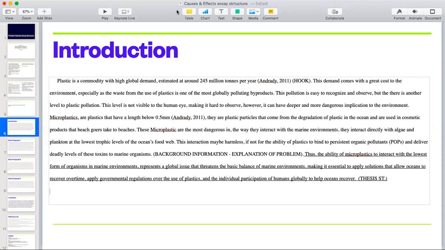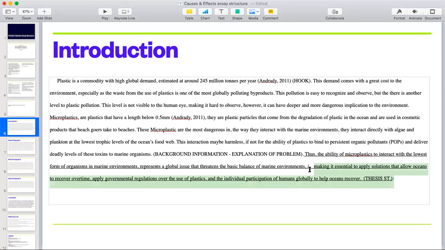It's too long. So the first part of the sentence, he is talking about the solutions or the problem? A problem. Very good. So we want the thesis statement to be talking about the solutions mainly. So maybe he should break the sentence like this, and this would be the thesis statement, and of course fix the beginning.